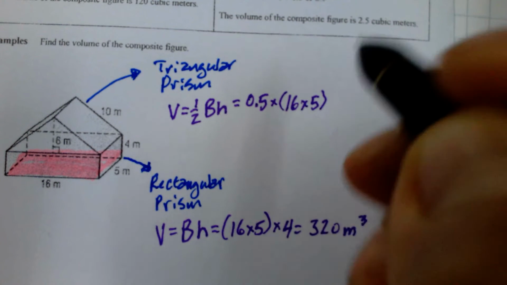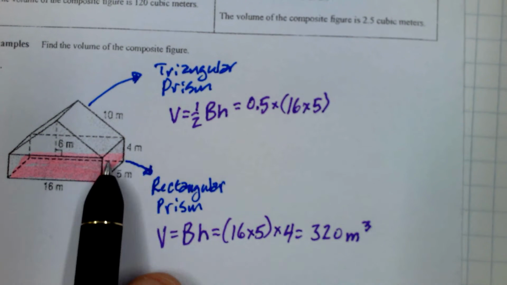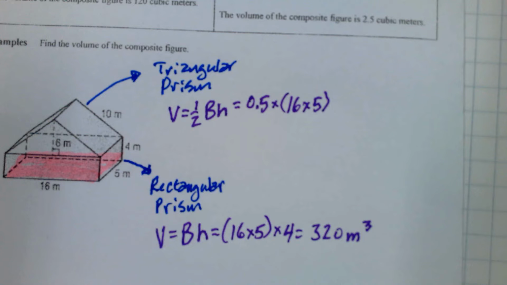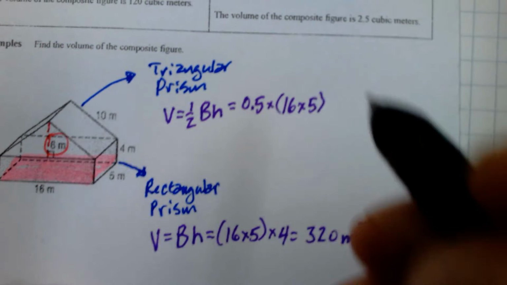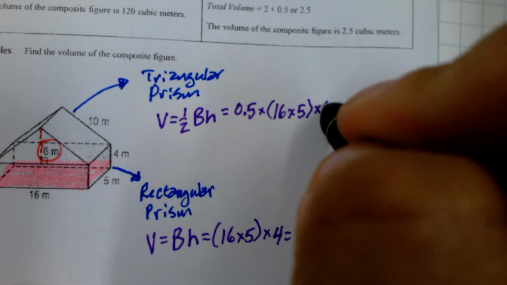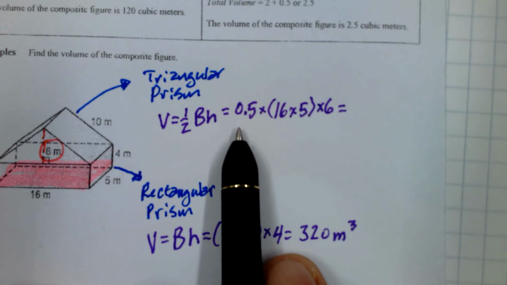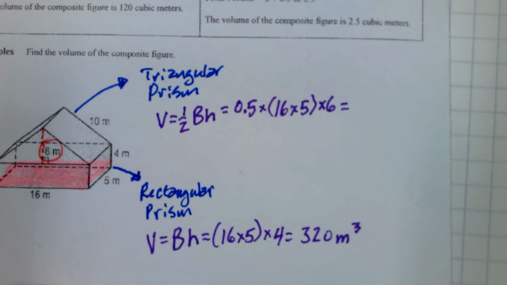Then we have to multiply that times the height. What's the height for this triangle? Which number represents the height? The 6. We're always looking for this right angle. So it's going to be times 6. Let's figure that out: 0.5 times 16 times 5 times 6.